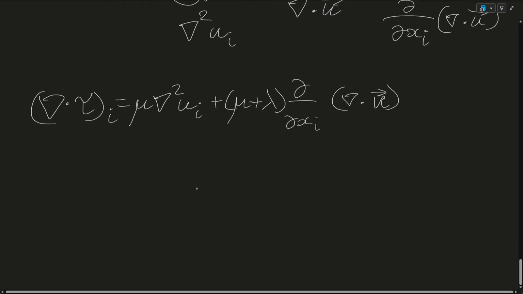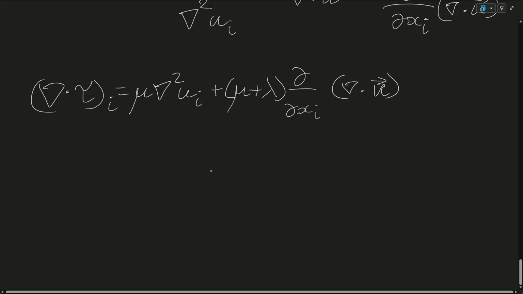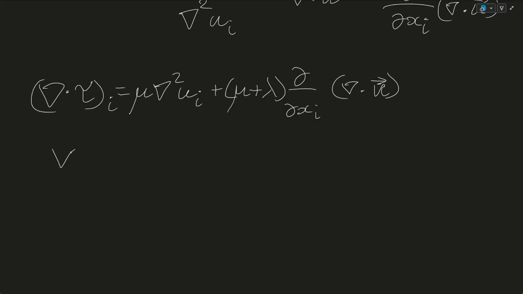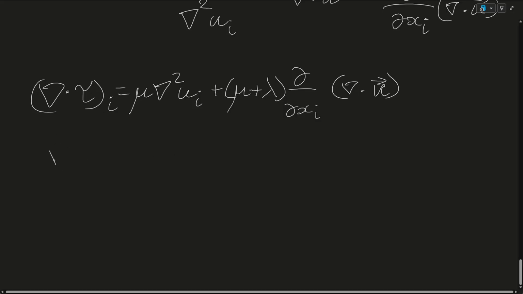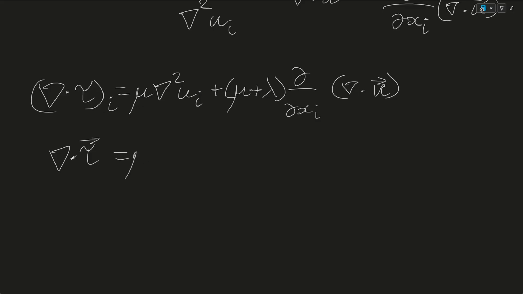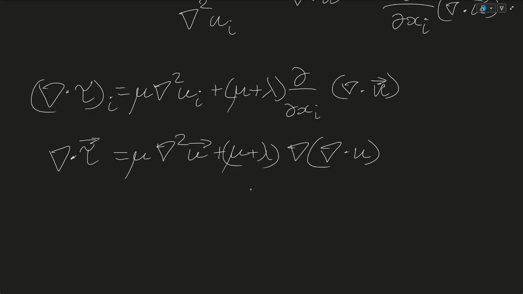Cool. And I can get rid of things and just make them all general, because this applies to all of the indices, which was the idea of using that scary Einstein notation, which is not scary and is very cool. Is equal to mu del squared u plus mu lambda del dot u.